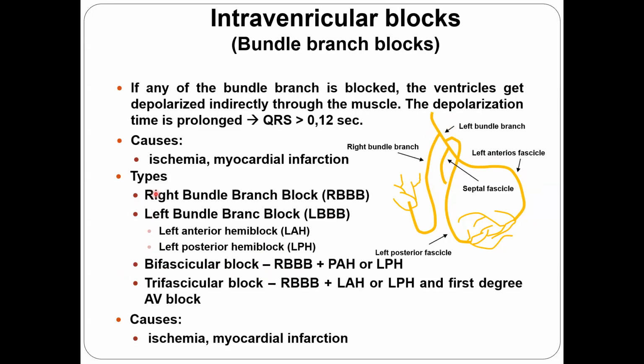So far we had the right and the left, which can be anterior or posterior. These are the hemiblocks. We talk about bifascicular block when at least two fascicles are affected, with the right bundle always included. So the right is out, and the left anterior or the posterior is blocked.